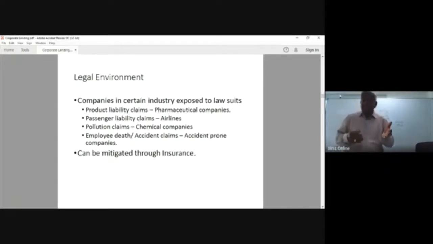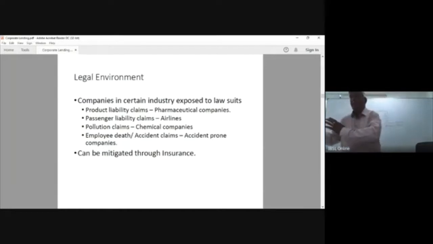Similarly, employee death or accident claims. Some companies are accident-prone. People have to be very careful when working on those machineries. If there is a slight absent-mindedness, either an arm or some part of the body may be lost, or sometimes there may be death also. So there could be lawsuits against those companies.